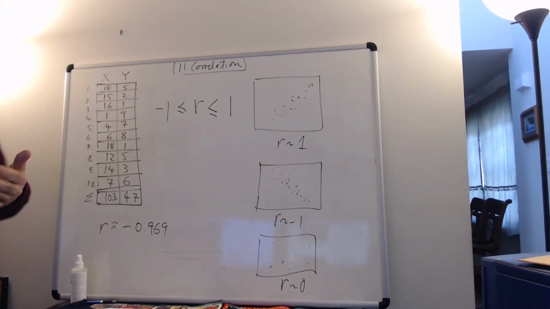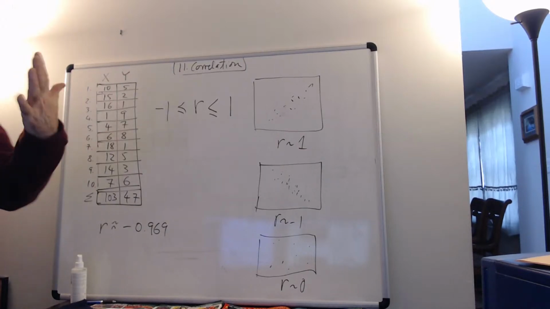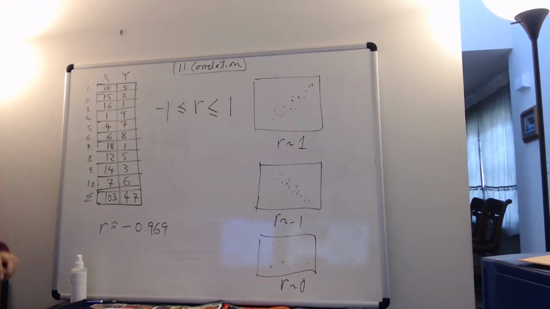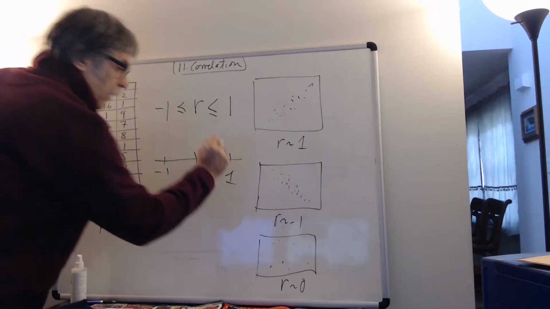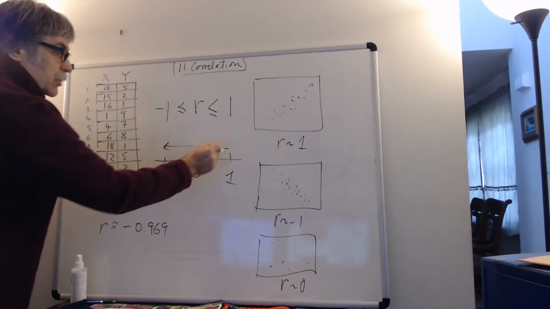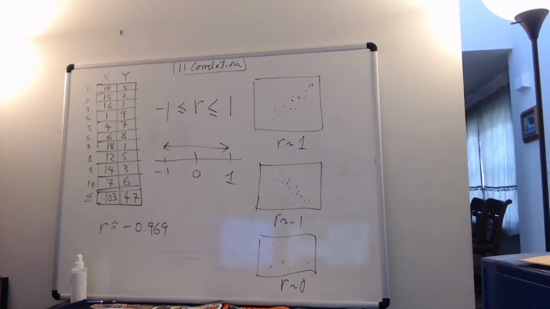But R, the way it was conceived, that initial formula we have from Karl Pearson, the way that formula is done, it will never be a number bigger than 1, and it will never be a number smaller than -1. It could be anything in between. -1 and 1. Anything in this range, okay? So you gotta remember that.